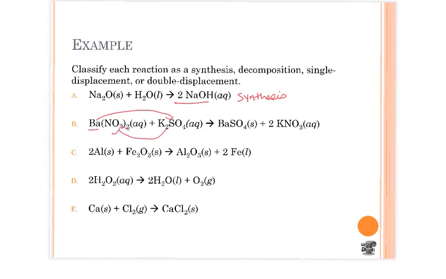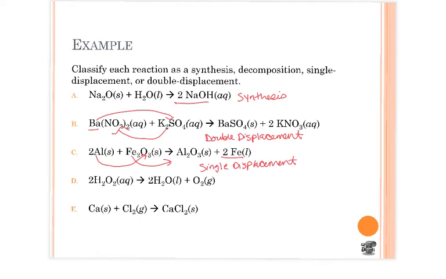So this is looking like a double displacement. Here in C, we have the aluminum going with the oxygen and the oxygen being kicked out on its own. So it looks like a single displacement.